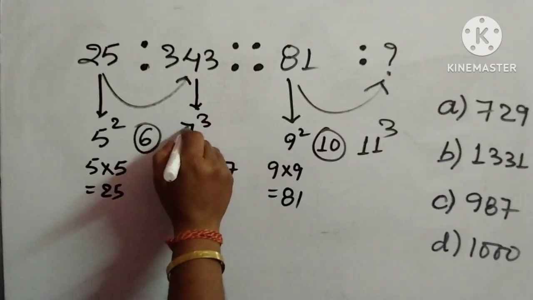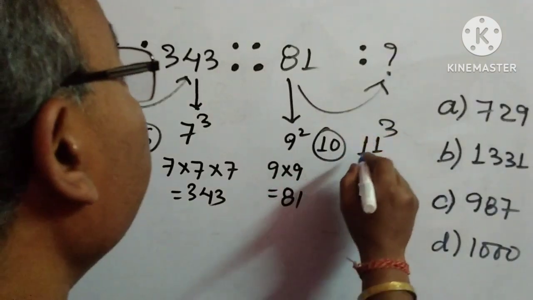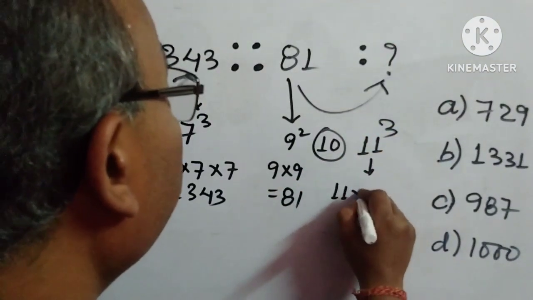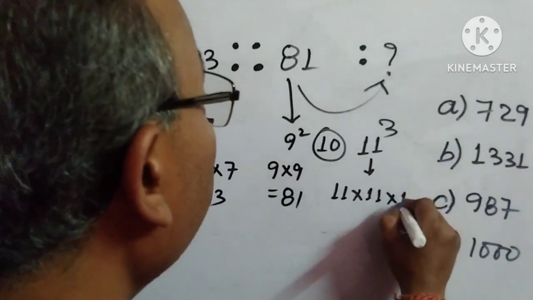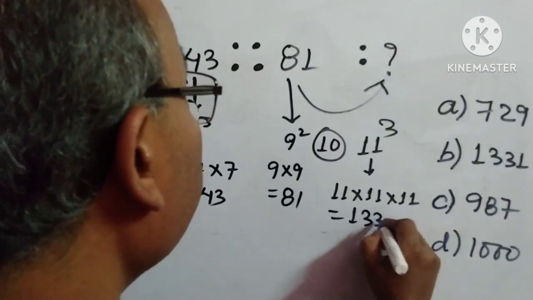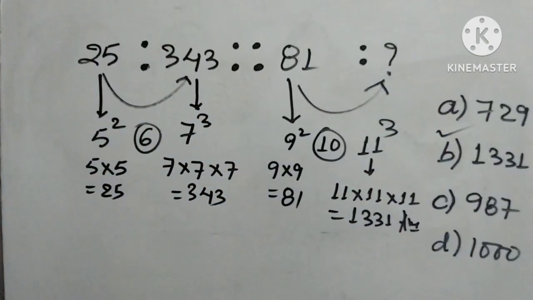So they have taken the cube of 7. So cube of 11 will be the answer. So 11 cube means 11 into 11 into 11. 11, 11, 121. 121 into 11 is 1331. So this one is the answer, option B.